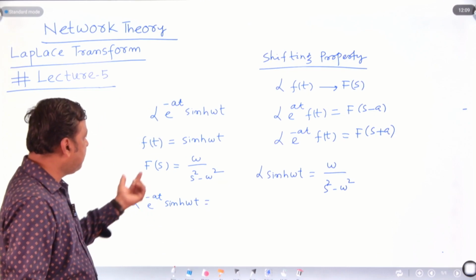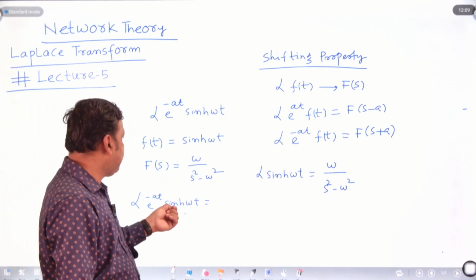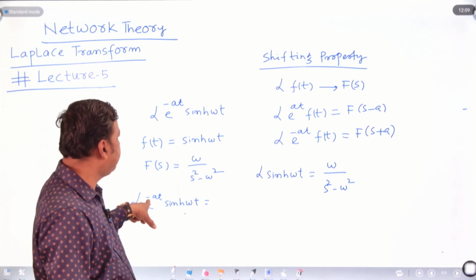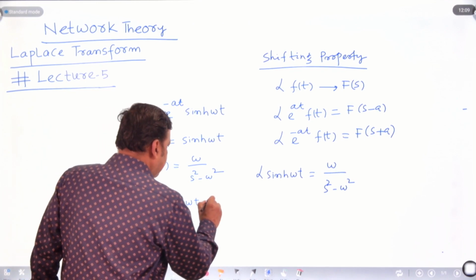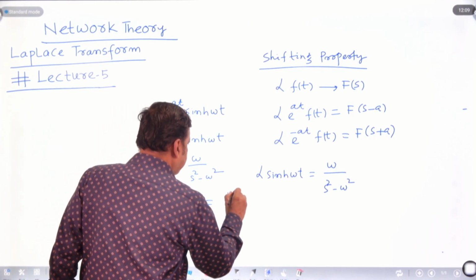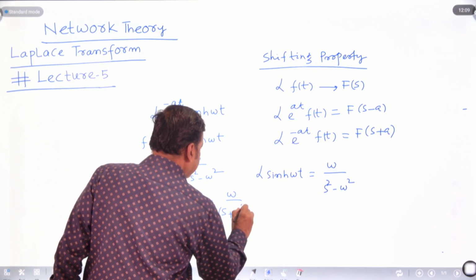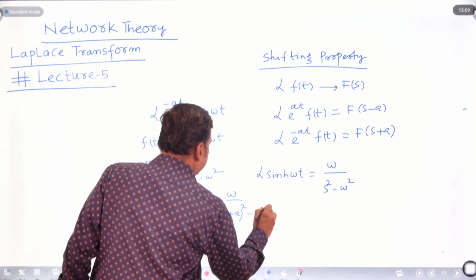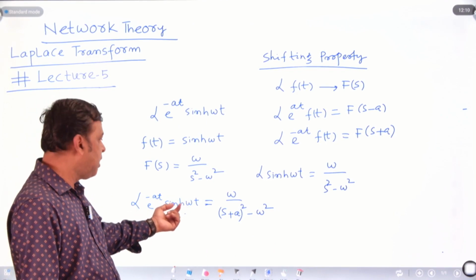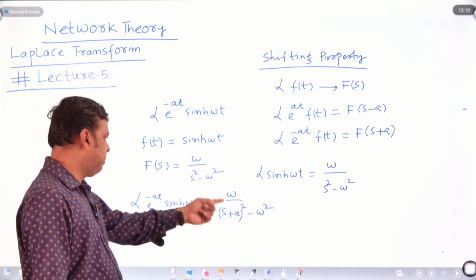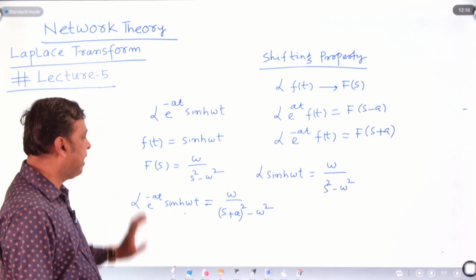Since e to the power minus at is multiplied, in place of s you will put s plus a. So this is omega divided by, in place of s, s plus a whole square minus omega square. If e to the power minus at is multiplied with the original function, s shifts to s plus a.